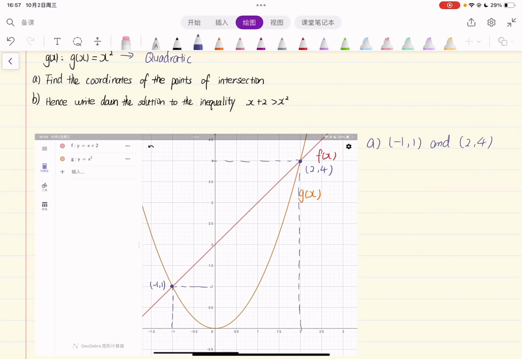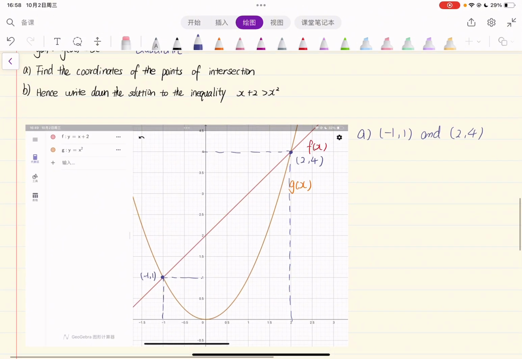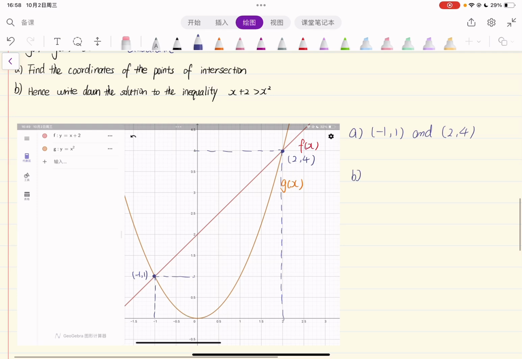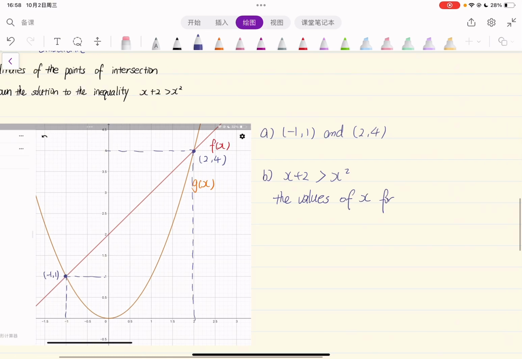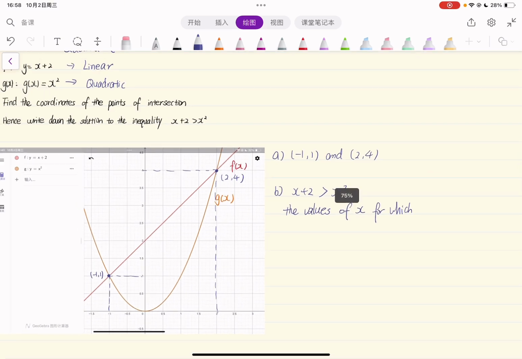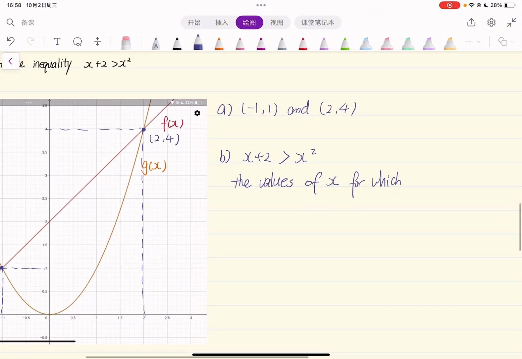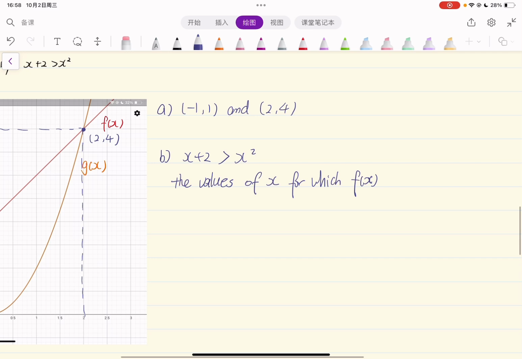For part B, it asks you to write down the solution to the inequality x plus 2 greater than x squared, which means you need to find the values of x for which x plus 2, that is linear, that is f(x), is greater than, so above, g(x), x squared.